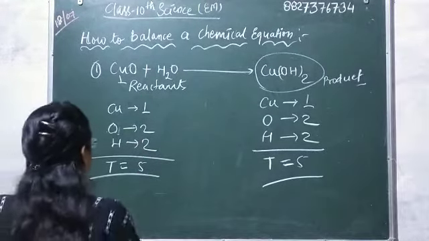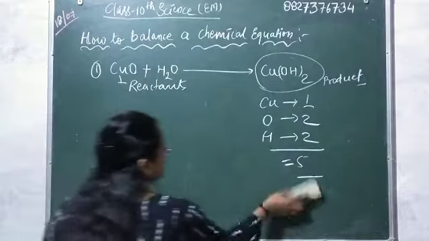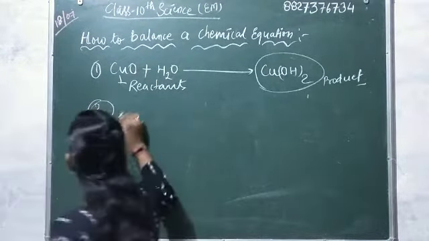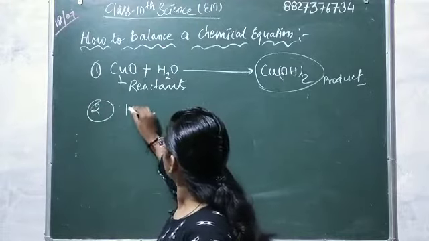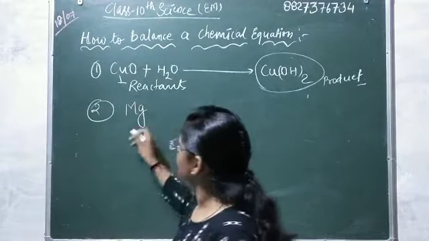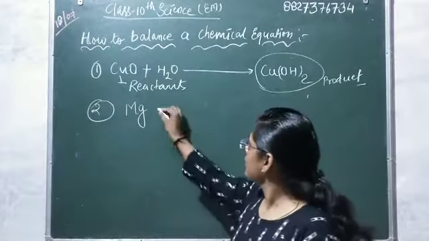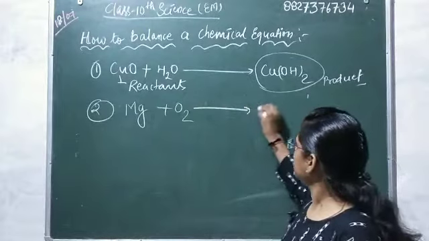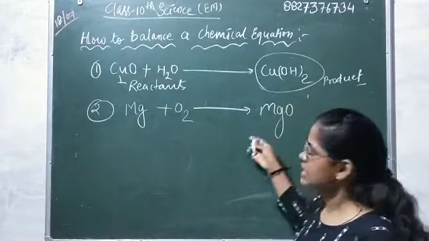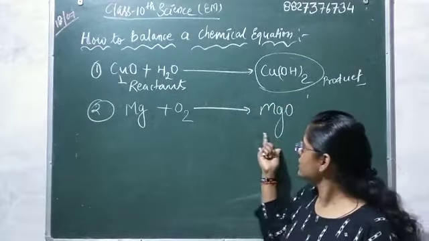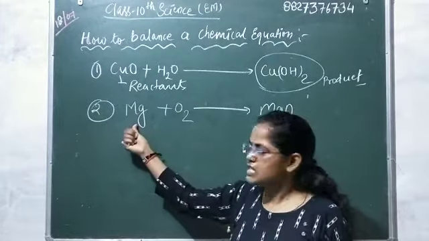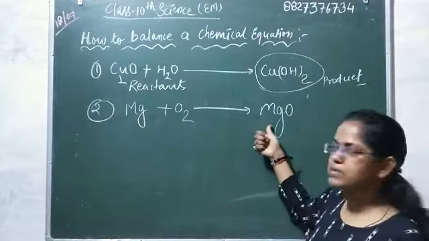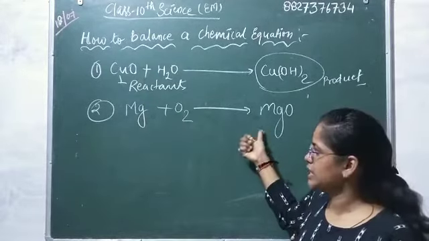Now take another example. When magnesium ribbon is burned with oxygen gas, it forms magnesium oxide, right? When magnesium ribbon is burned with oxygen, it forms magnesium oxide.